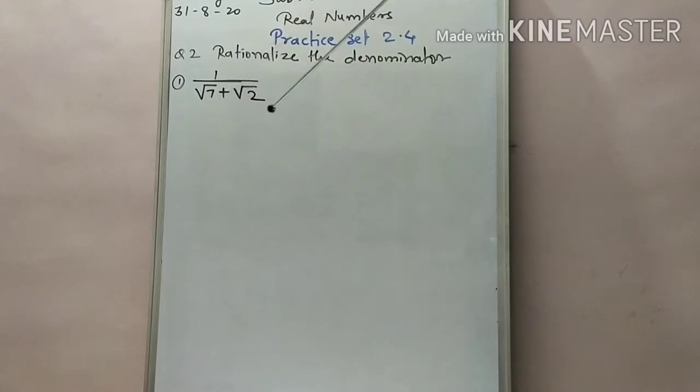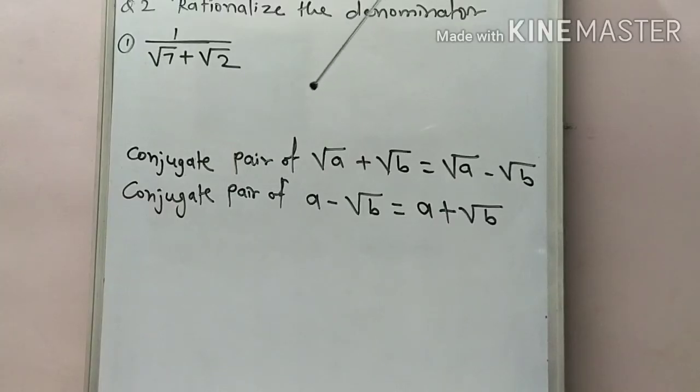To rationalize these kinds of irrational numbers, pay attention over here: we multiply the denominator and numerator by the conjugate pair of the denominator. So here I write down the general form. Suppose in the denominator we have root a plus root b, then the conjugate pair of root a plus root b is root a minus root b.